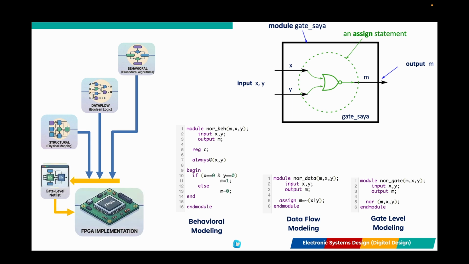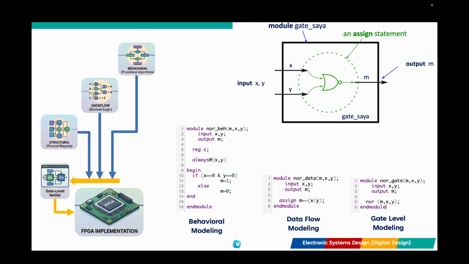Now, you might ask, if all 3 describe the same NOR gate, why does it matter? Well, while these models look different to us, the synthesis tool will eventually translate all of them into a single gate level netlist. This netlist is the truth of the hardware, the actual arrangement of transistors and wires on your FPGA.